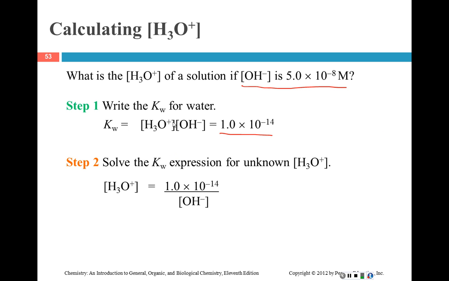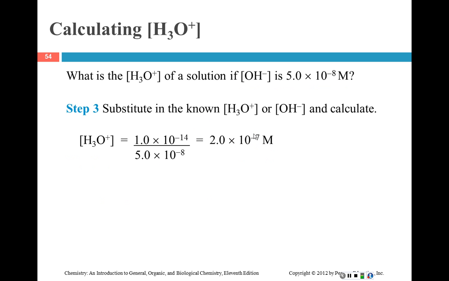So if I'm solving for one of those, I have to divide both sides by OH-. That's where this is coming from. Okay, and so these will cancel out because I have one on top and one on bottom. So that gives me H3O+ equals 1 times 10 to the minus 14 divided by the OH-.